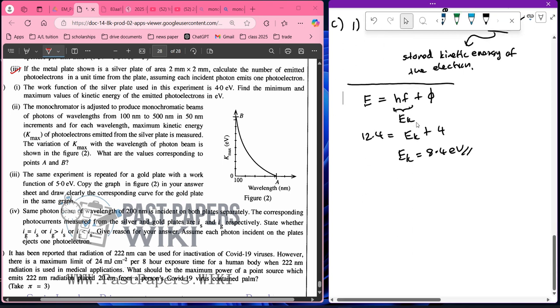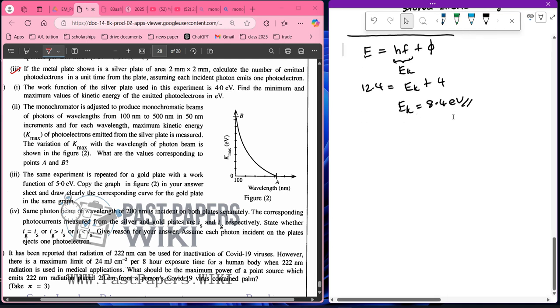And find the minimum and maximum values of kinetic energies. So once you come to the point, the maximum kinetic energy should be this, right? Since this is the kinetic energy as in the equation. The rest is the work function out of the whole thing.